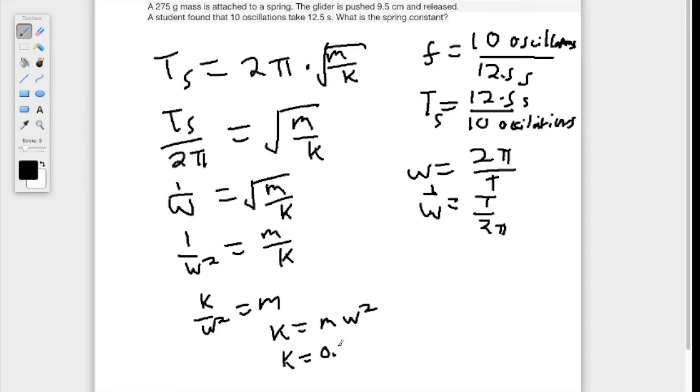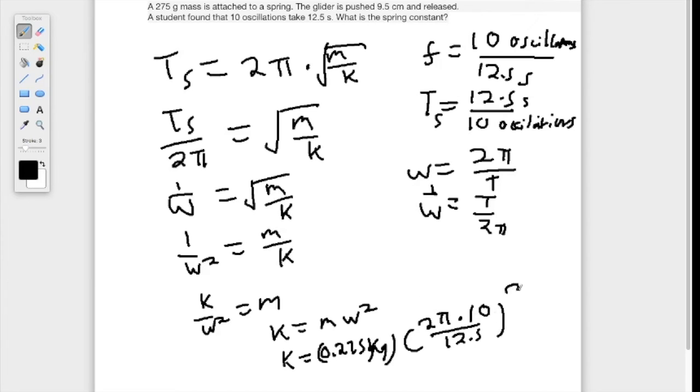So 0.275 kilograms times, and w does equal 2 pi over T, so 2 pi times, and let's actually use the frequency instead, because it looks a lot easier than doing an integer over a fraction, which makes things more complex.